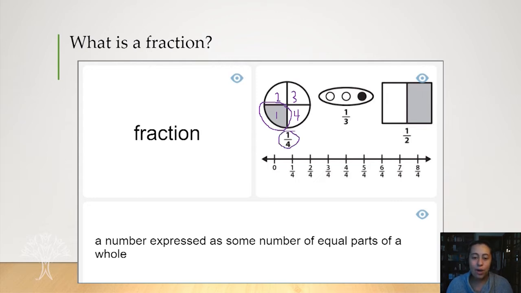It's telling us that one part out of 4 of the parts in the circle is colored in. The same happens over here in this set of 3 circles. There are 1, 2, 3 circles, but only one of them is colored in. So 1 out of 3 of the circles is colored in.